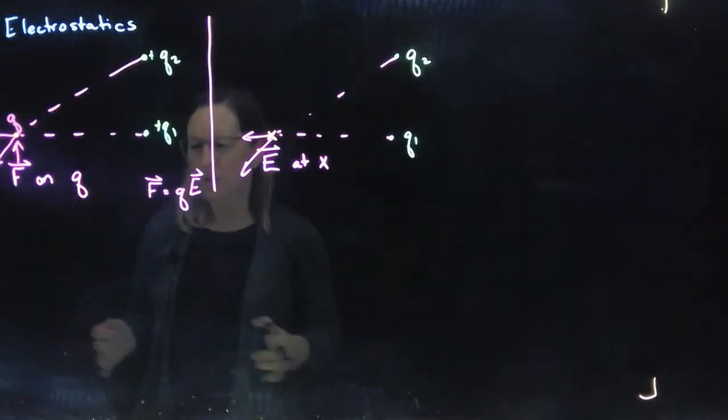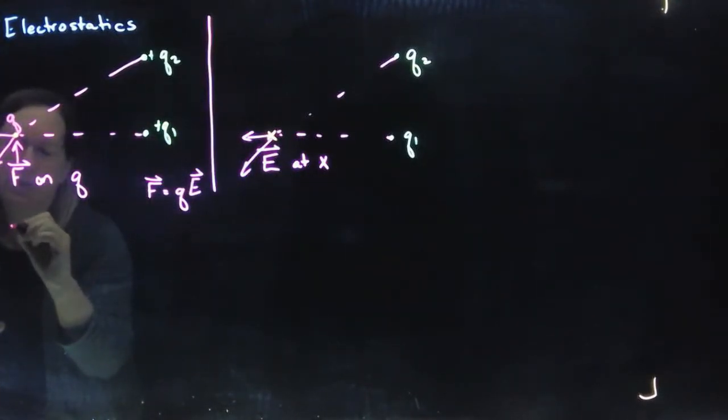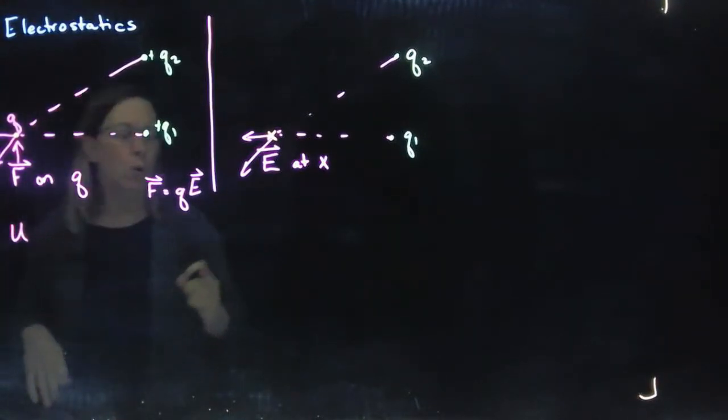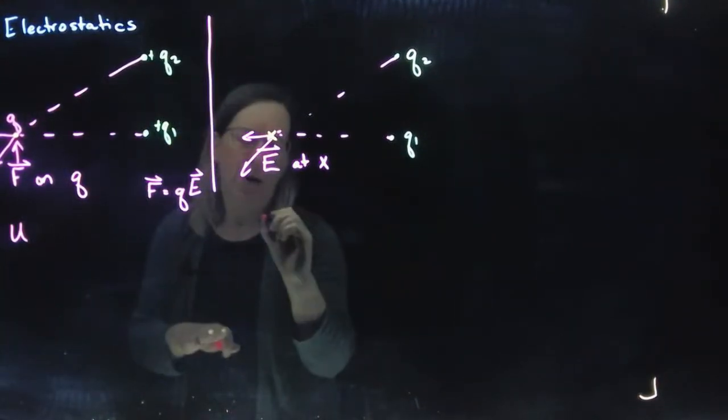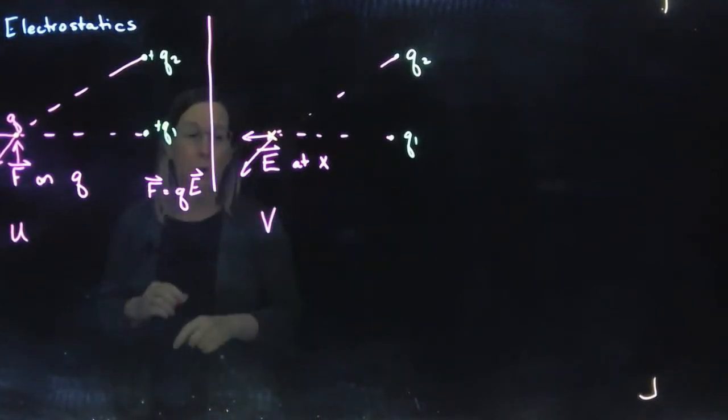Now, in terms of energy, we can find the potential energy of Q, or over here, we can find the electrostatic potential, this voltage.